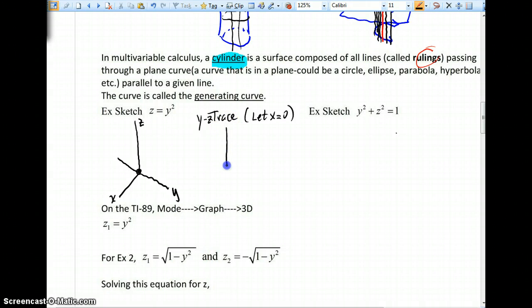But if we just went to 2D, and we were looking at this where our dependent and independent variables are going to be, as I'm writing here, the independent variable would be y, and our dependent variable would be z. Normally, we would write a parabola like y equals x squared.